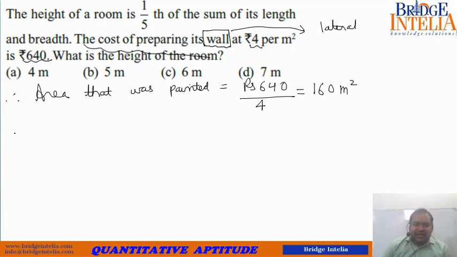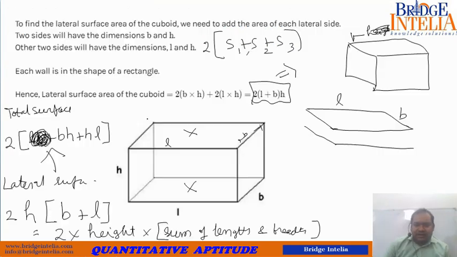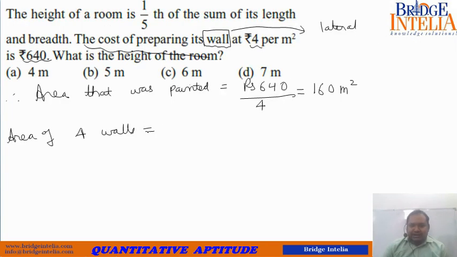So what is the area of all the 4 walls? We just saw the formula. What was the formula? Twice into height into sum of length and breadth. So this must be equal to 160.